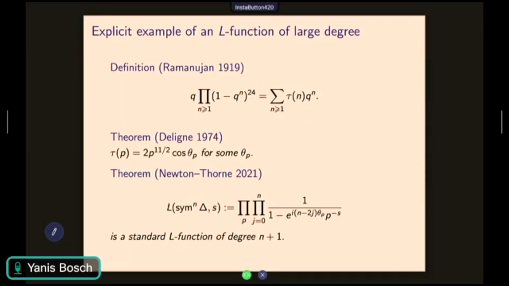And then there's a relatively recent result of Newton and Thorne showing that if you form the L function written like so, attached in a natural way to the symmetric power of these angles, this turns out to be a standard L function of degree n+1, meaning that you can define it using an automorphic form on GL_{n+1}. So this would be an actual, completely explicit example of the kinds of objects we're talking about.